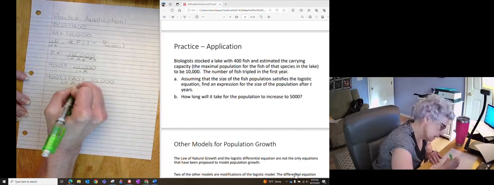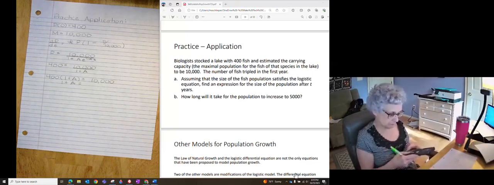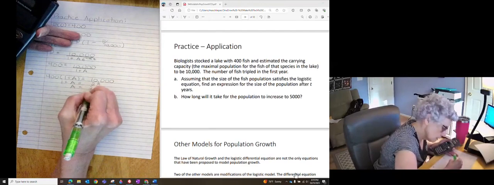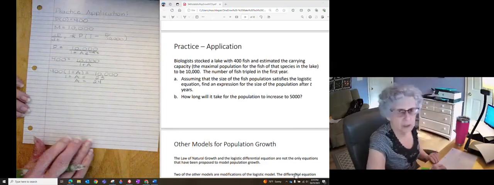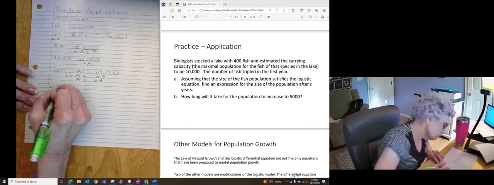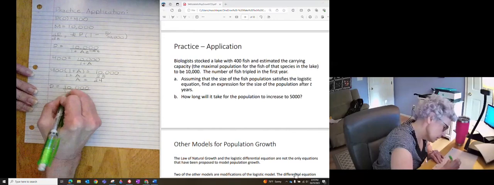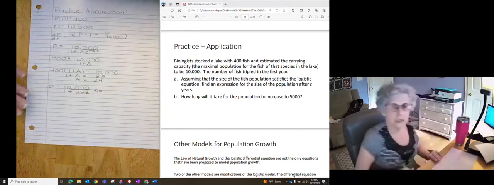So 1 plus A is 10,000 divided by 400, which is 25. So A is 24. In real life, the A's don't always come out to be nice, friendly whole numbers. So P is equal to 10,000 over 1 plus 24 e to the negative kt.